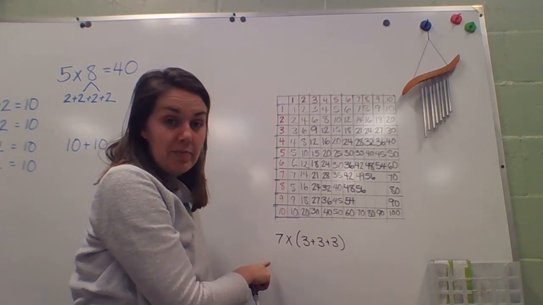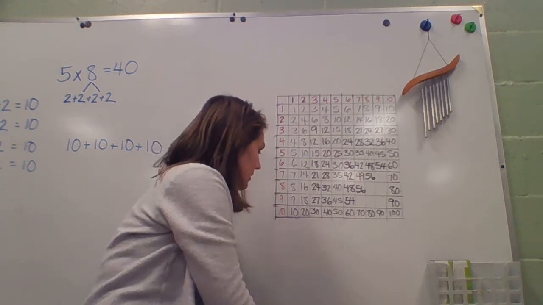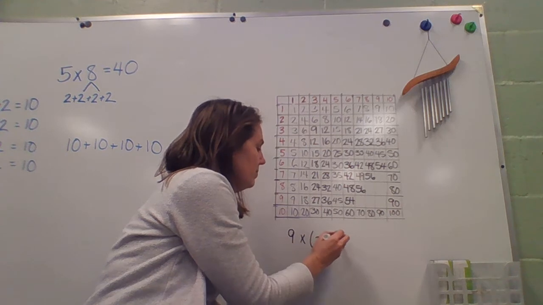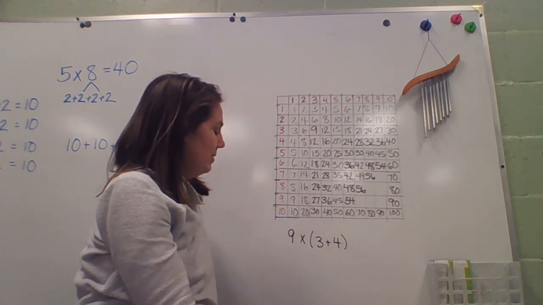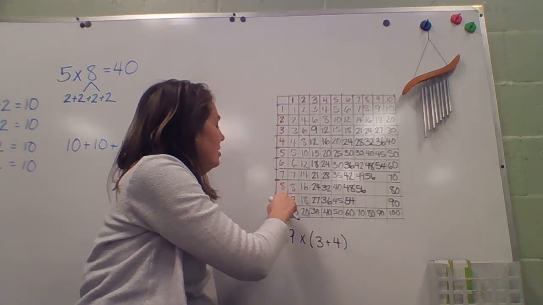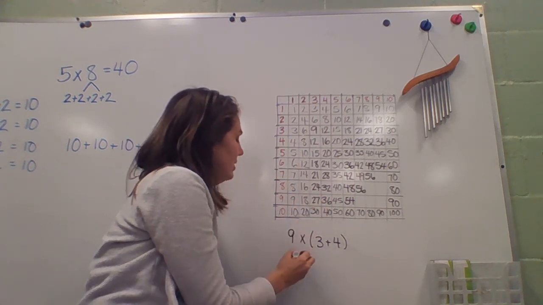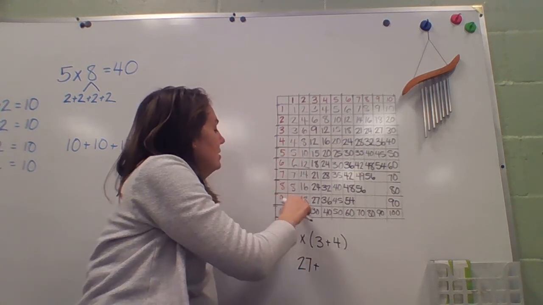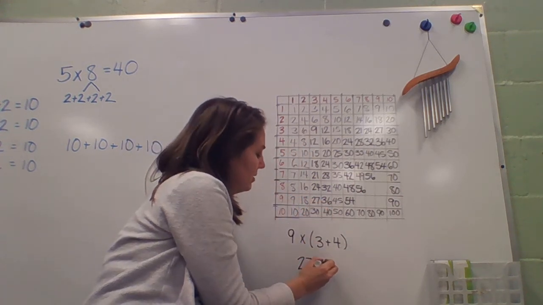Or I can break up my 7 and instead say that I have 9 times 3 plus 4. Let's do it that way. So 9 times 3, I can check my chart. I have 9, go over to 3, that would be 27. I'm going to add it to 9 times 4, which is going to be 36.